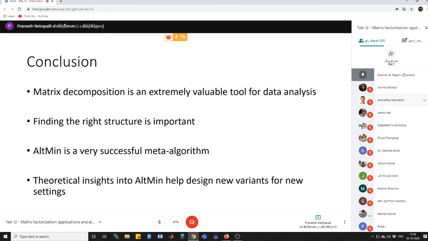The other thing is that this is not just about optimization. You also have these non-degeneracy conditions and a statistical model for at least two of these problems.